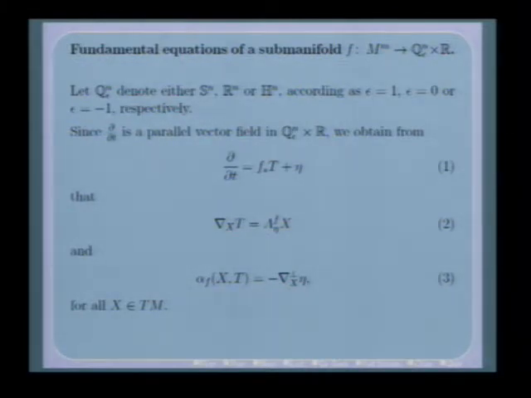And then a basic fact is that this unit tangent vector field to the factor R is a parallel vector field, of course, and if you decompose it in tangent and normal components and differentiate this equation, and you take the tangent and normal components, you get those two basic equations relating the derivative of the vector field T and the second fundamental form, the same for the normal derivative of eta.